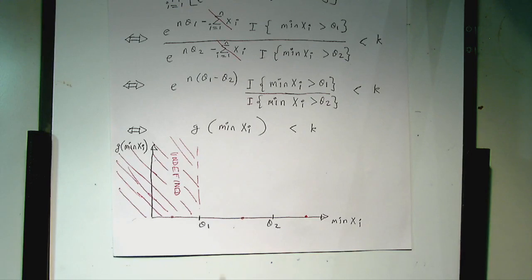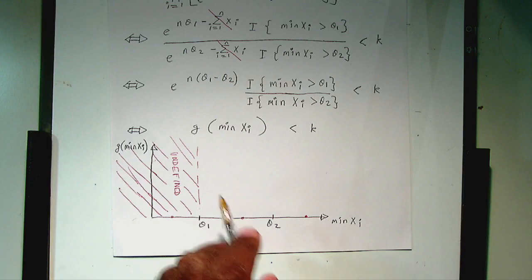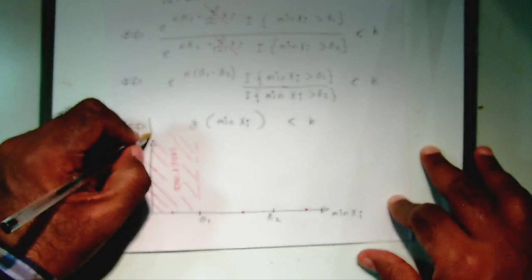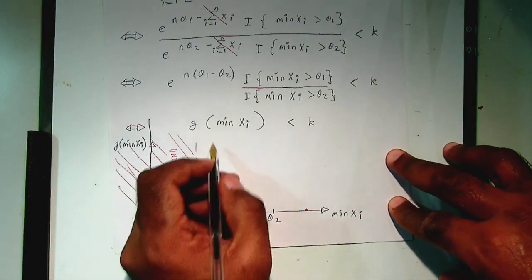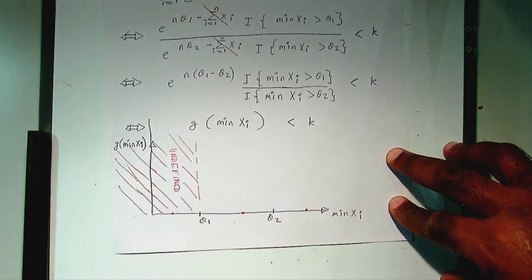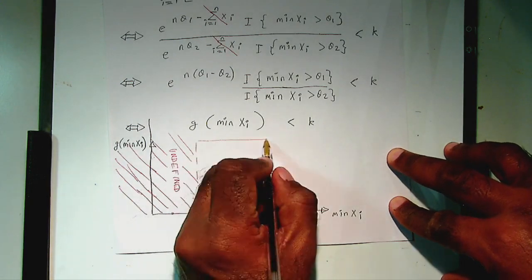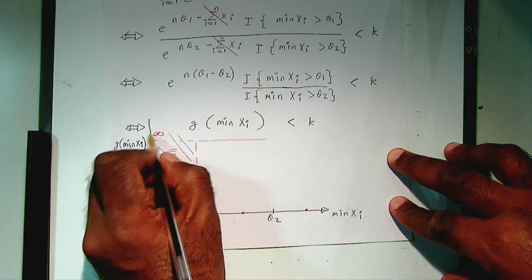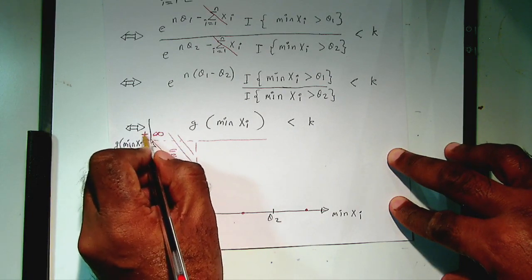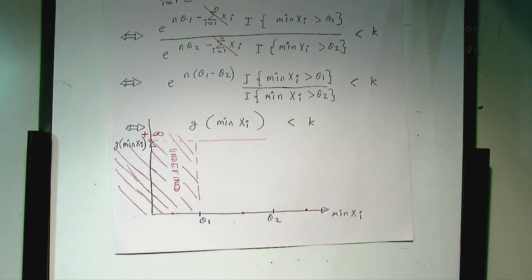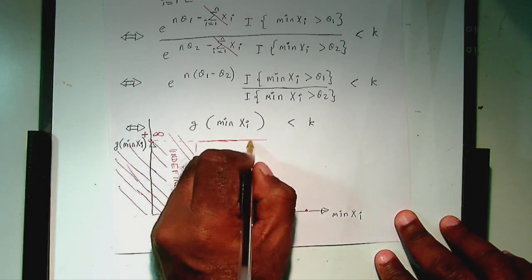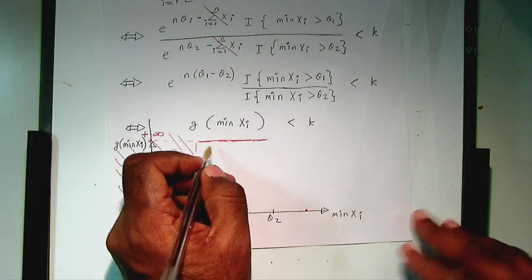So between theta 1 and theta 2, the value of this function is plus infinity. I know plus infinity does not exist, but let's suppose, for the sake of argument, that it does. So between these 2 points, the function takes the value plus infinity.